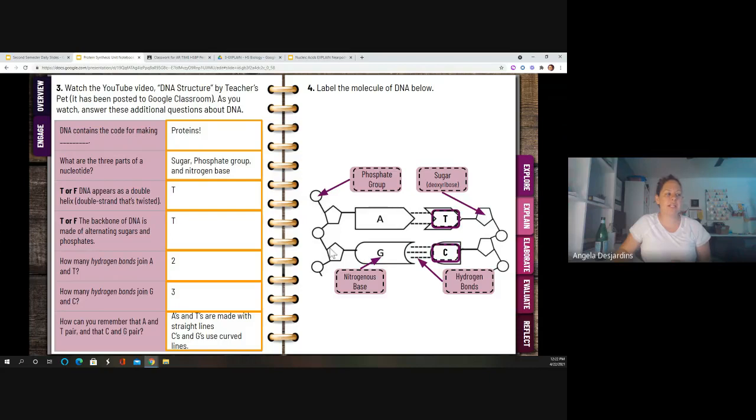Now, this linking effect also does something really cool. This phosphate group, think of it almost like a ball joint, and you have these sugars that come off of it. Think like your hip. You can rotate your leg around inside your hip.